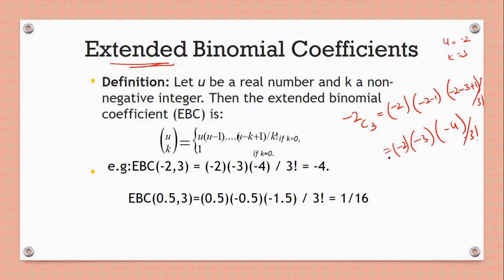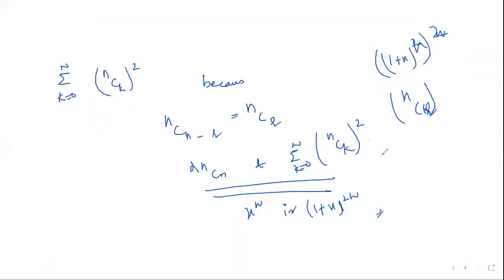But now the question is, up to where should we write these u terms? The u terms should be written till we get the last term, which is u minus k plus 1. Let's see this for 1/2, or 0.5. So consider 1/2 C 3. The u value is 1/2 and k value is 3.